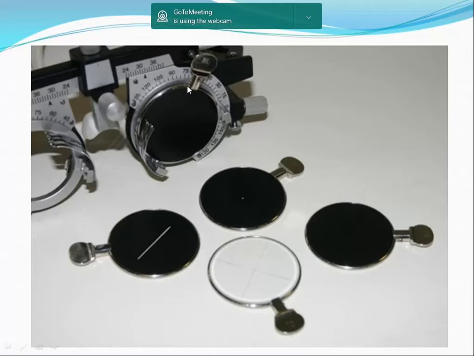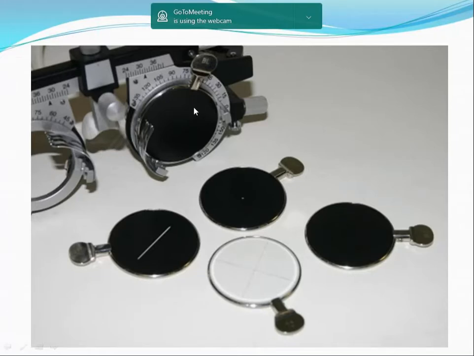When you shield this eye, here the left eye has been occluded, the patient will be able to see only from the right eye. This is important to check the person's vision individually. You need to record a person's right eye separately and left eye separately.